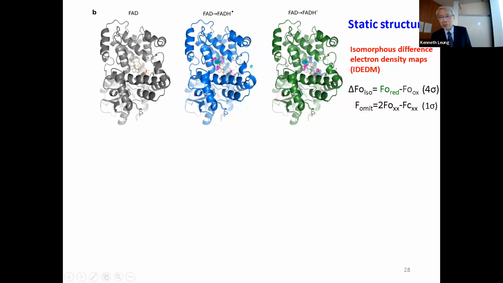As you can see here, the differences occur mainly at the active site. The two structures are actually superimposed very well, but in the active site you see the differences. So our job is to interpret what happened, what details in the active site here.